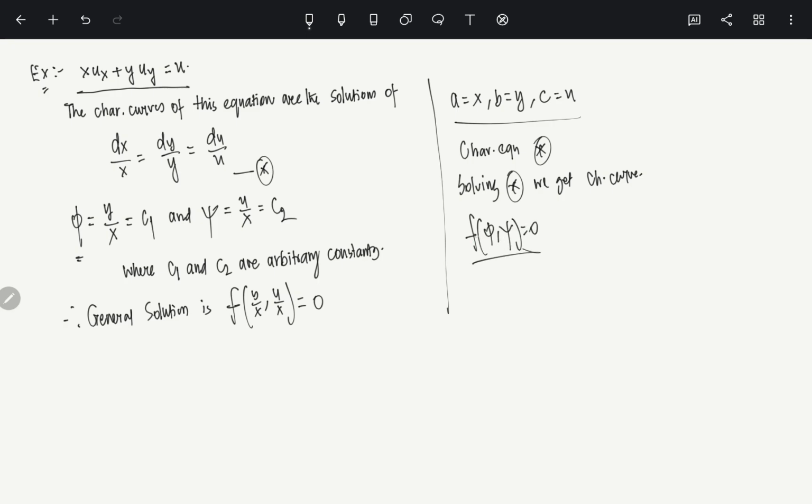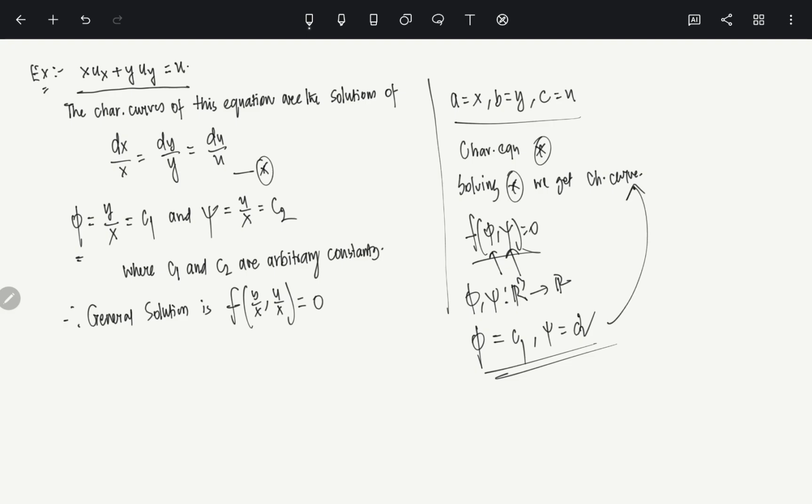This phi and psi, we don't know what they are. The only thing we know is phi and psi are from R3 to R. What is the property of phi and psi? Phi is constant and psi is also a constant, let's say C2. These are not constant functions everywhere. These are constant only along the characteristic curves.